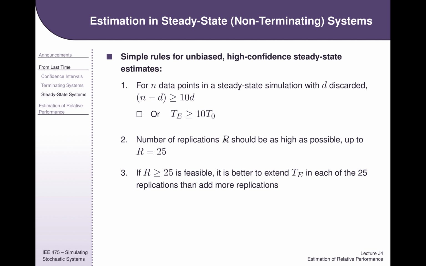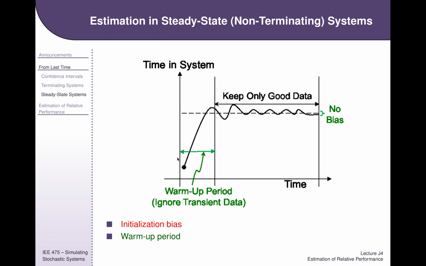And so we mentioned last time that you can run pilot data, and so you can run a pilot experiment and try to figure out, from the performance measures coming out of your pilot experiment, how long until it looks like transients, things that were only happening at the beginning of the sim, stop happening, so that things that happen in the long-term behavior are all that's left over.